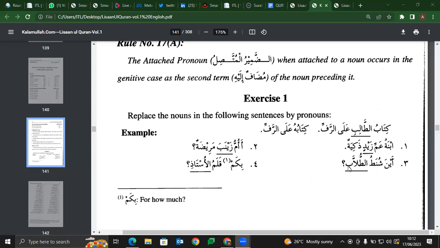Uncle. Okay, so Ammi, uncle of... Ibnatu.